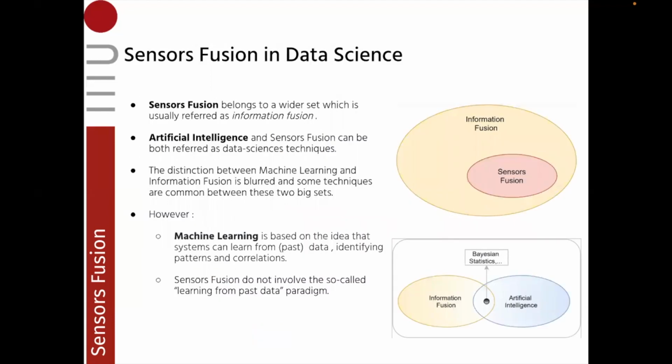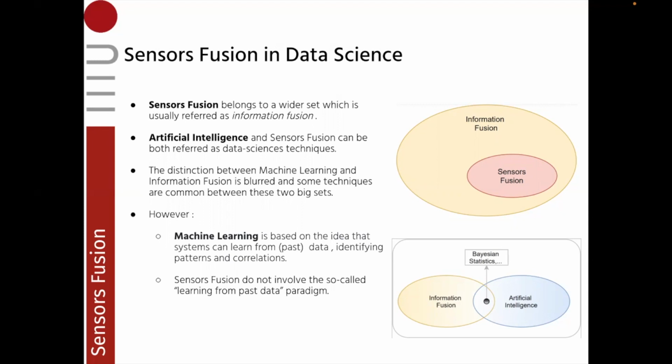The last part of this theoretical background of sensor fusion: I think it is interesting to see the relationship between sensor fusion and another big hot topic of our current technology, which is artificial intelligence. Sensor fusion is included in a higher set, which is information fusion.